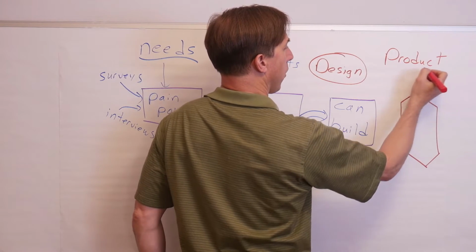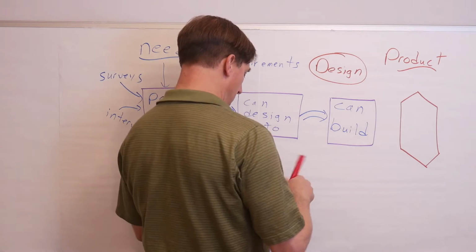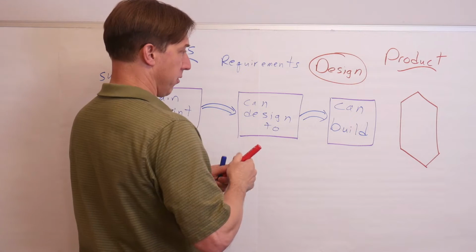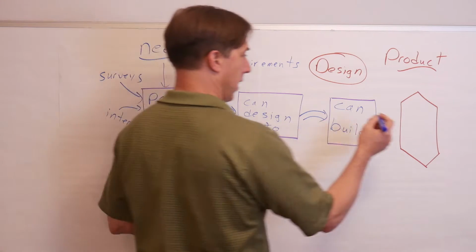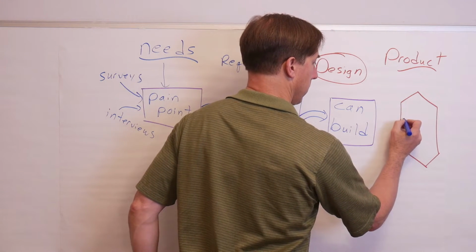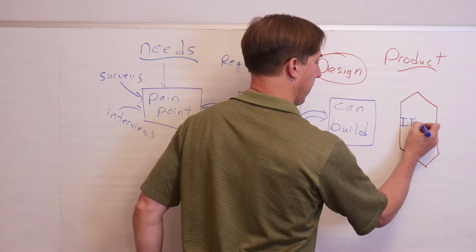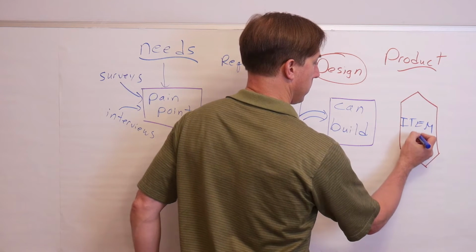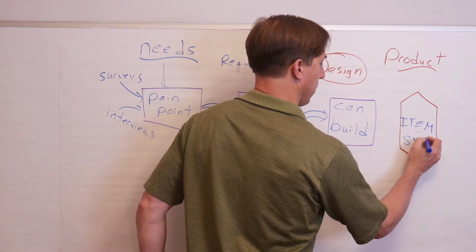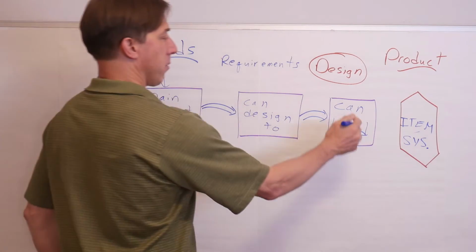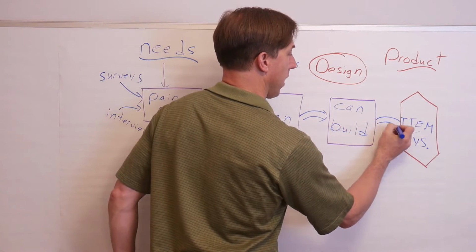Now I hate to use the word thing, so I'm just going to call it the item or system. I'll do item, I think it's easier. We can put system there too. So the item or system, that is the actual object.